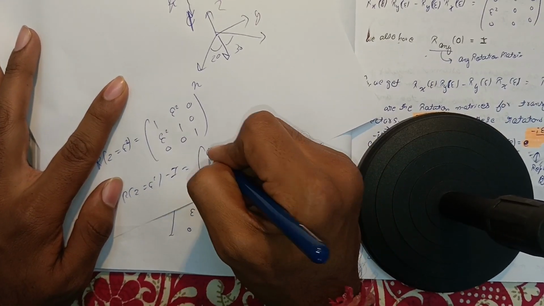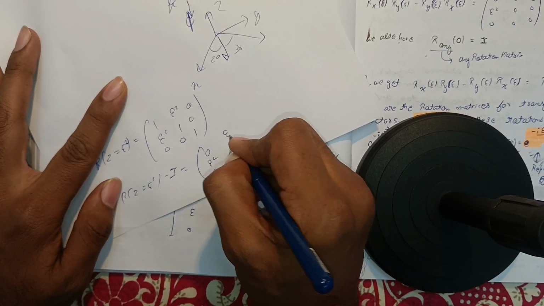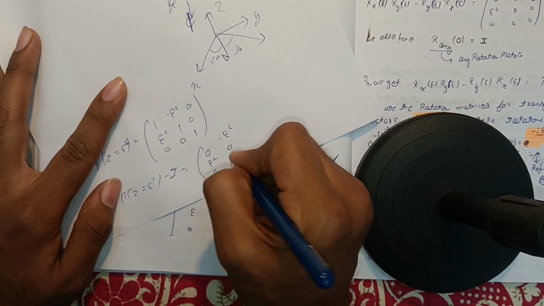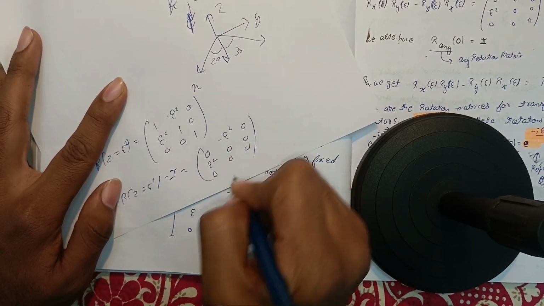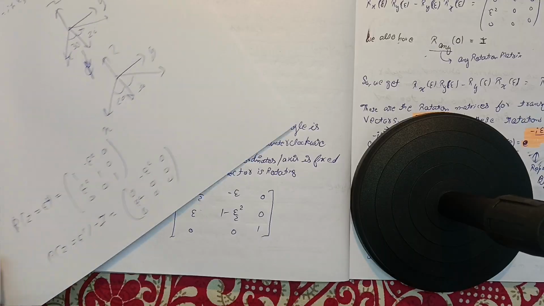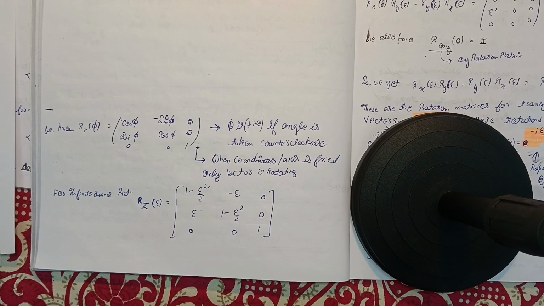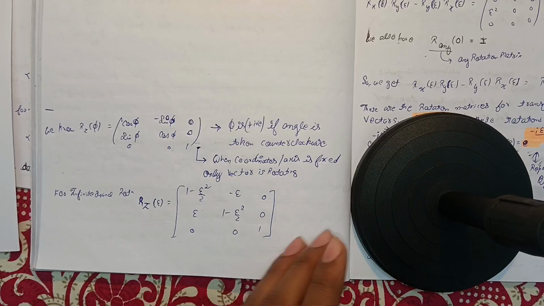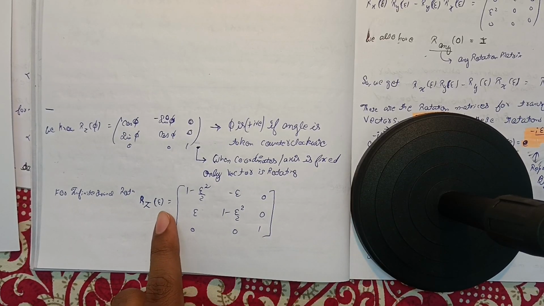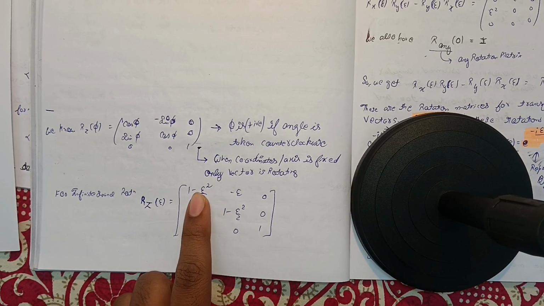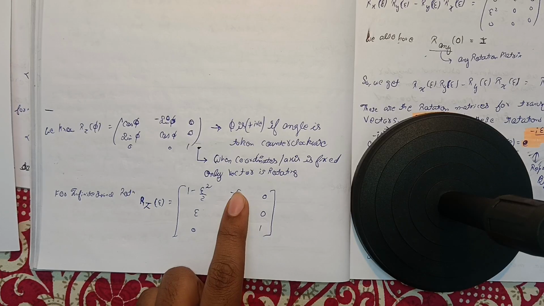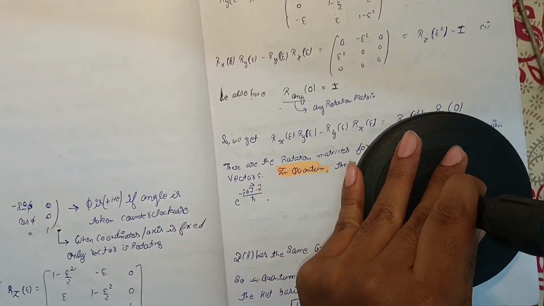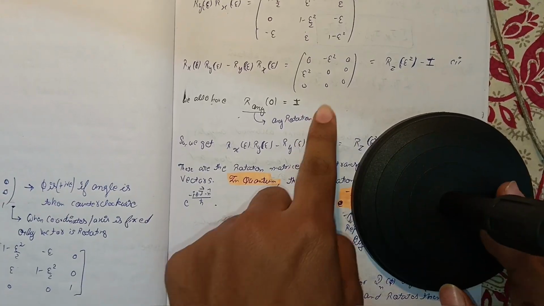You will get 0 epsilon square 0 minus epsilon square 0 0 0 0 0. So this is what I am showing here. What if you have epsilon square here, then they are neglected. You have minus epsilon square here, and so now you can understand that it is correct, it is correct.